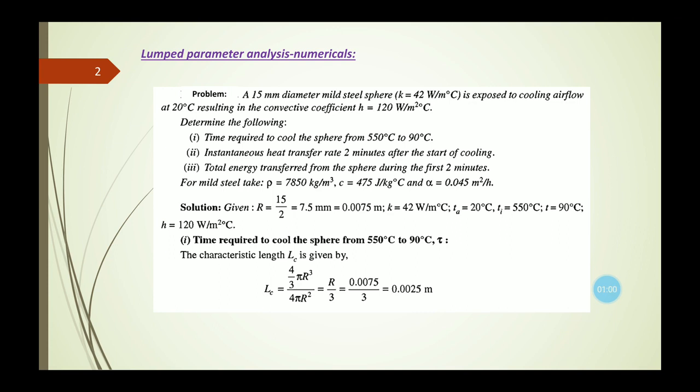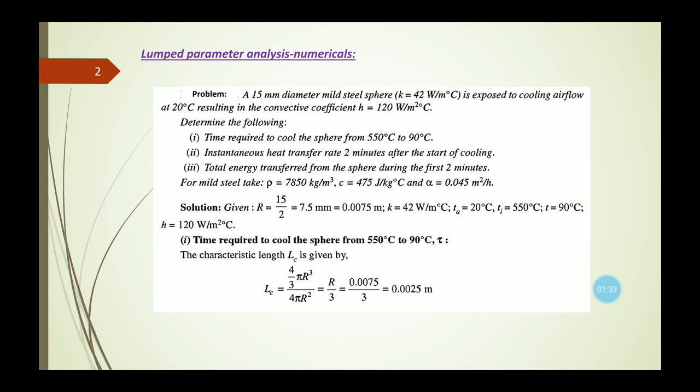A 15 millimeter diameter mild steel sphere, the thermal conductivity of which is given as 42 watt per meter degree centigrade, is exposed to cooling airflow at 20 degrees centigrade, resulting in the convective coefficient h equals 120 watt per meter square degree centigrade. Now we need to determine the time required to cool the sphere from 550 degrees centigrade to 90 degrees centigrade.